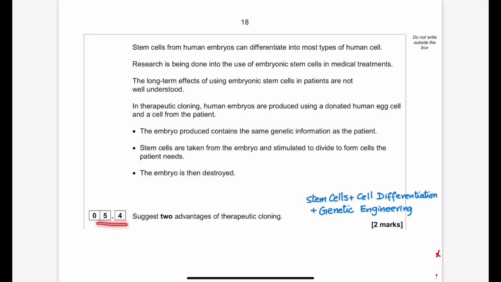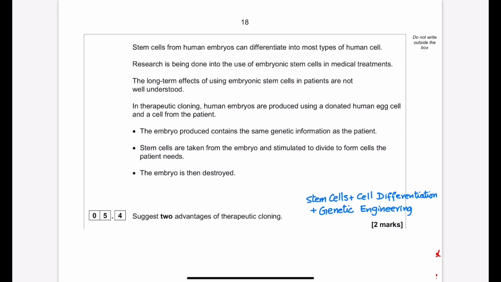5.4 asks to suggest two advantages of therapeutic cloning. This topic comes from stem cells, cell differentiation, and genetic engineering. The first advantage is that therapeutic cloning helps in the treatment of diseases such as Parkinson's disease, spinal cord injuries, and diabetes by generating healthy cells and replacing old damaged cells.